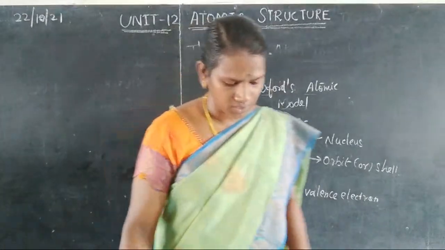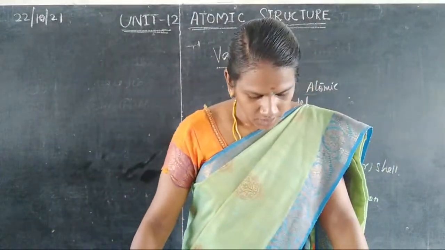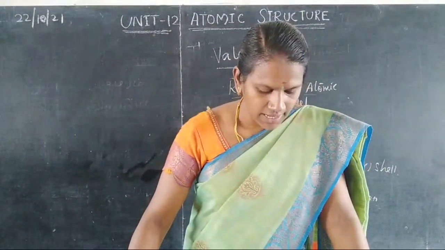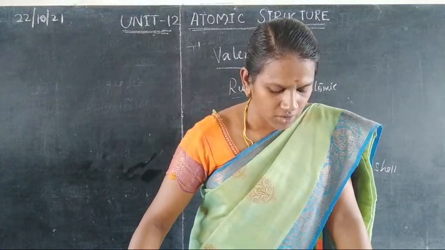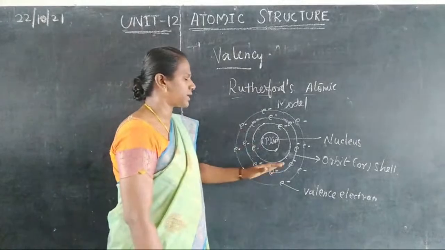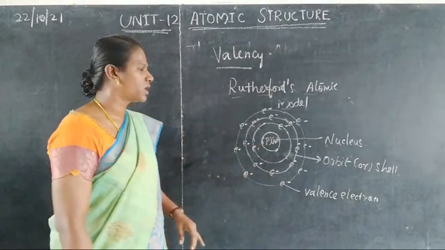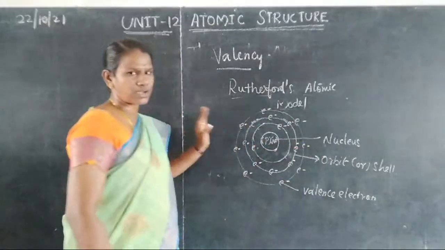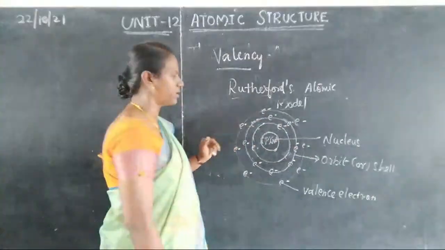An atom has a number of orbits and each orbit has electrons. The electrons revolving in the outermost orbit are called valence electrons. Around the nucleus in an atom there are a number of orbits, depending upon the atomic number.